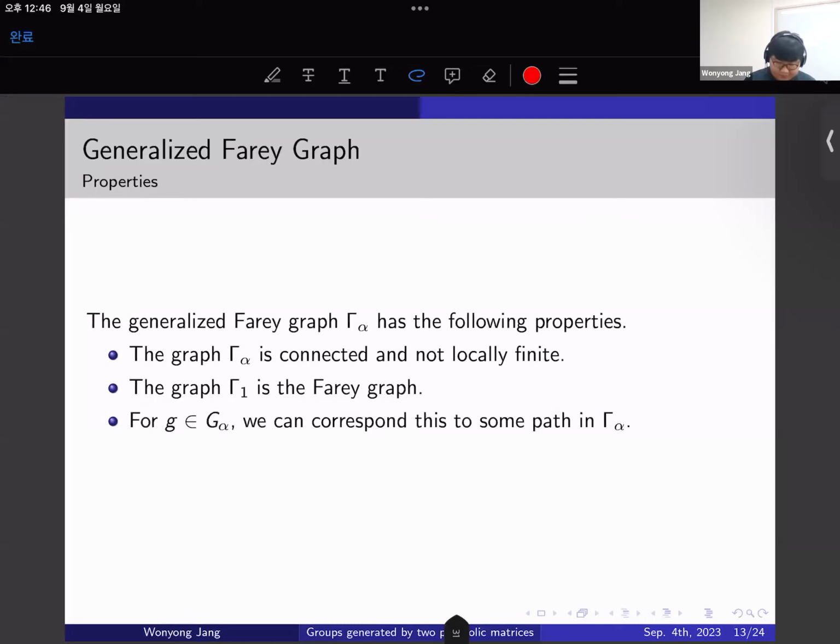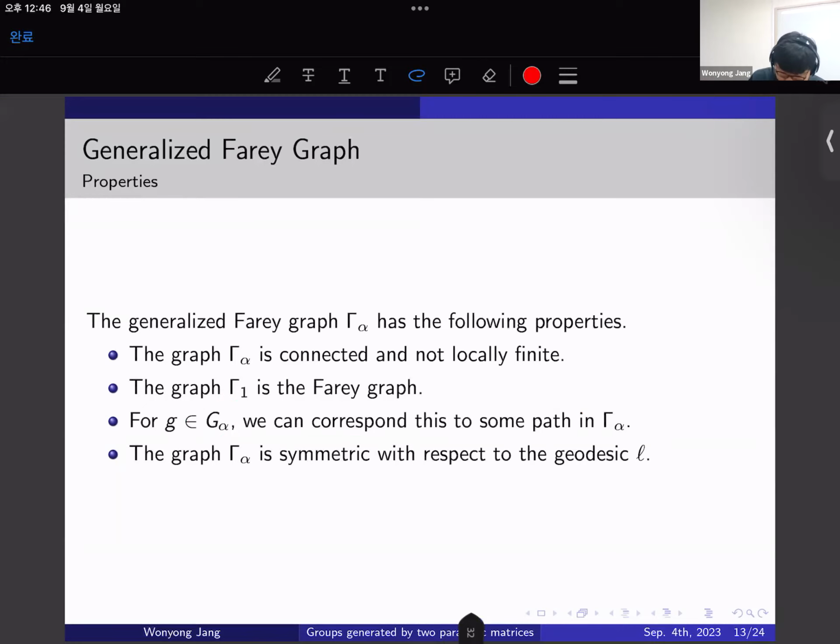And next is for given g in the group G alpha, then we can make the corresponding path. It looks not very clear, but I will explain more precisely later. And the last property is the graph Gamma alpha is symmetric with respect to the geodesic L. Recall that L is the geodesic between 0 and infinity, and I will also explain it more precisely later.